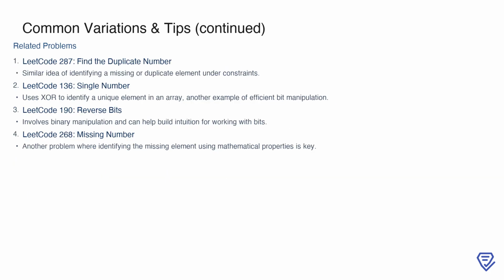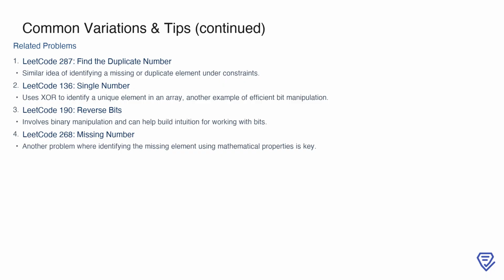Now, let's look at some related problems that can help deepen your understanding. For example, LeetCode 287, Find the Duplicate Number, involves a similar concept of identifying a missing or duplicate element under specific constraints. Another relevant problem is LeetCode 136, Single Number, which uses XOR to find a unique element in an array. This is another example of efficient bit manipulation.